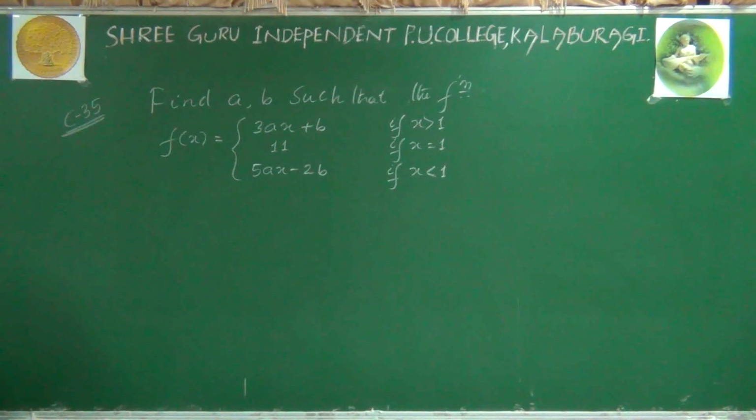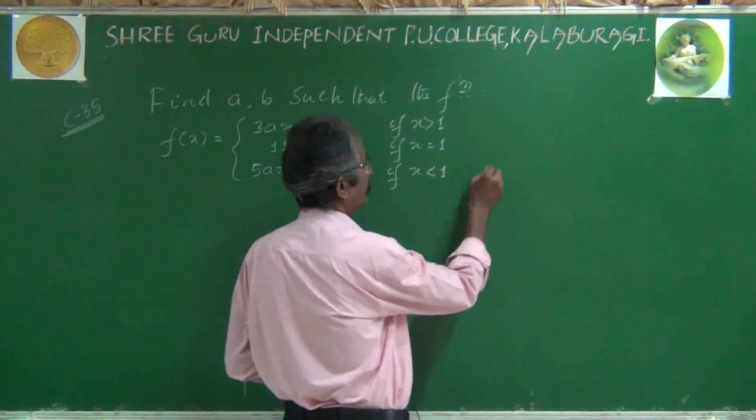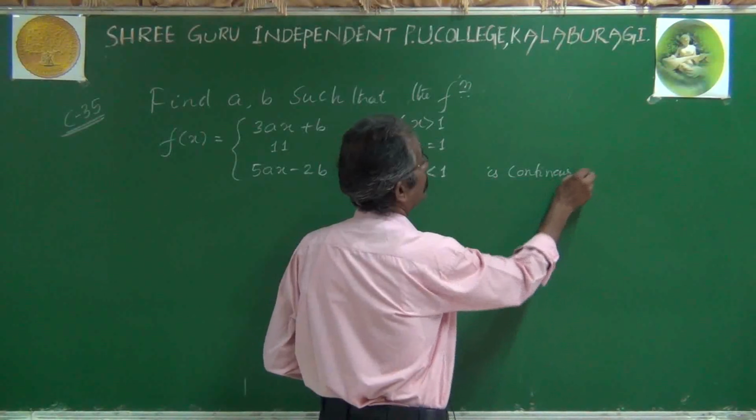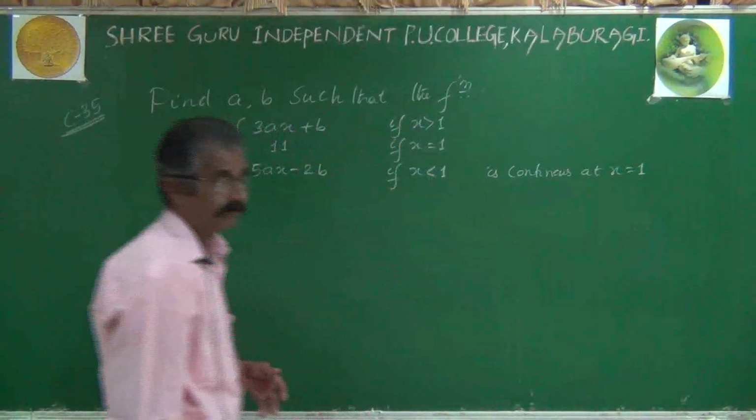Find a comma b such that this function is continuous. Continuous, understandably, at x equal to 1, even though it is not mentioned.